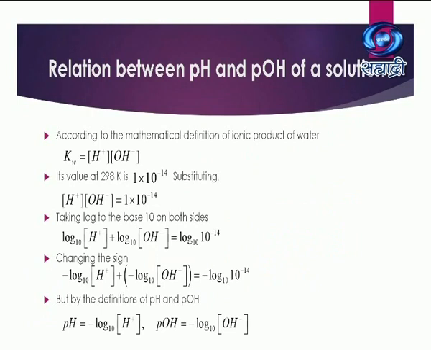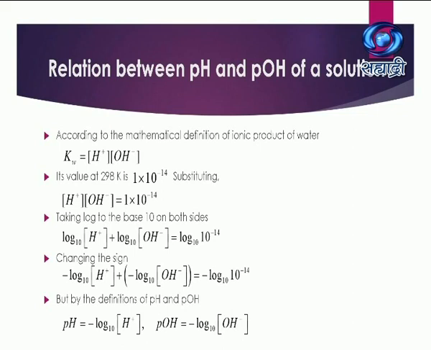Now the relation between pH and pOH. According to the mathematical definition of ionic product of water, Kw is equal to active mass of H plus into active mass of OH minus. Substitute its value at 298 Kelvin. So active mass of H plus into active mass of OH minus is equal to 10 raised to minus 14.